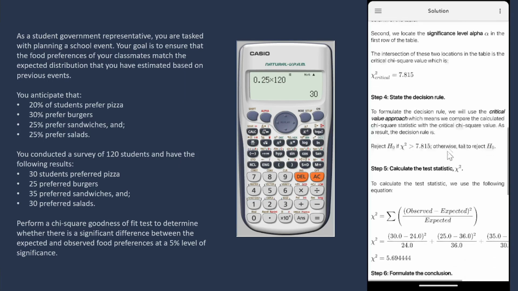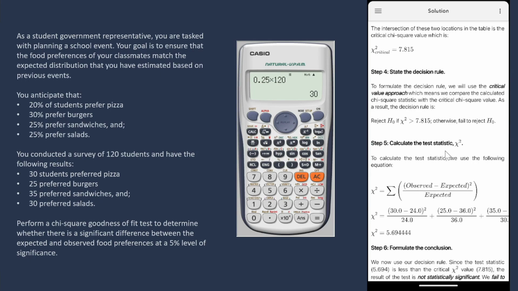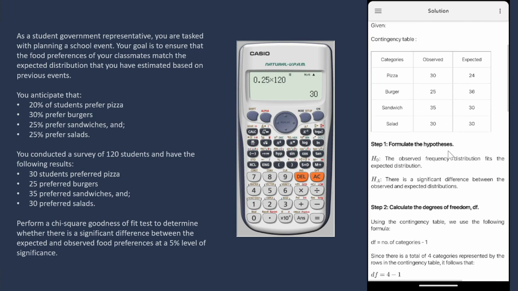Next, for step 5, we calculate the test statistic. We have the formula here: the summation of the observed values minus the expected values, quantity squared, divided by the expected value. Basically, if we go back to the table, what happened was the quantity of 30 minus 24, squared, divided by 24.